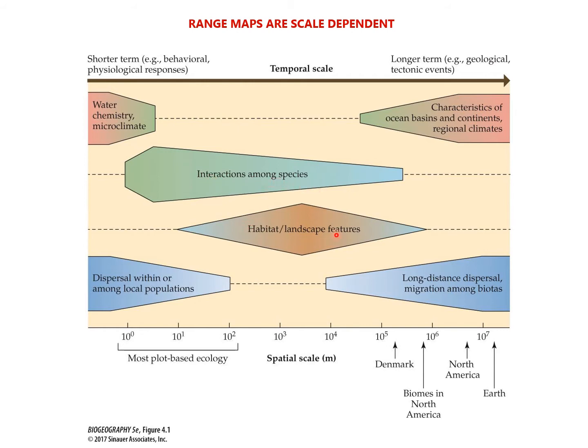The habitat and landscape features are going to become more important, and as you move up in scale, the scales, both spatial and temporal, of the factors increase as well. So here you're getting regional climates once you get up to this large scale, long distance dispersal, migration, and things like that. So you're getting a shift in the factors that are influencing as you zoom out.